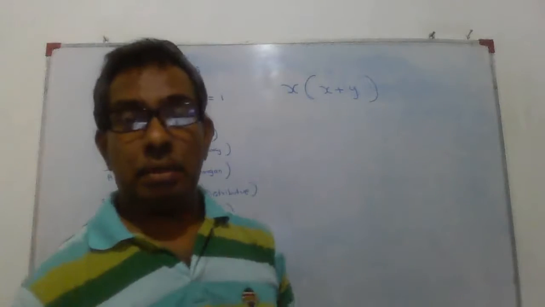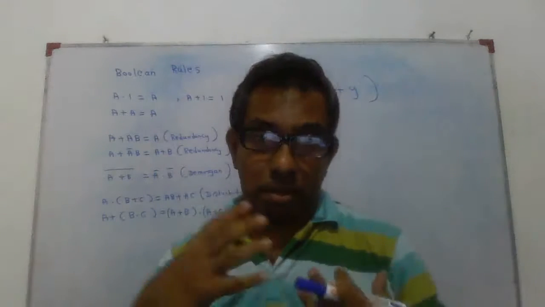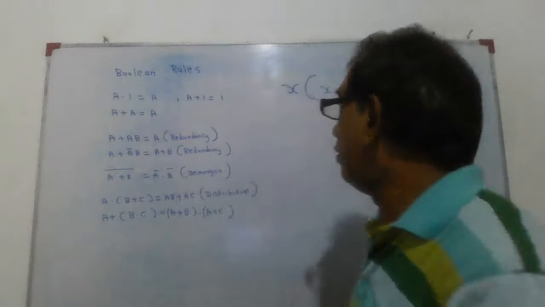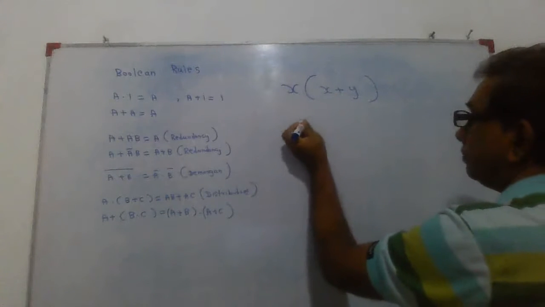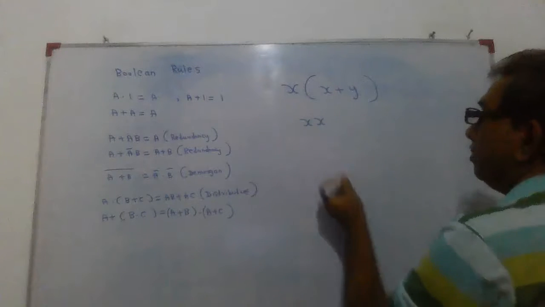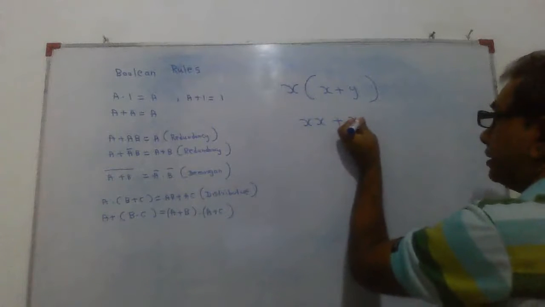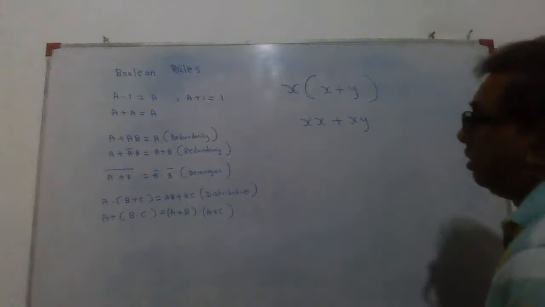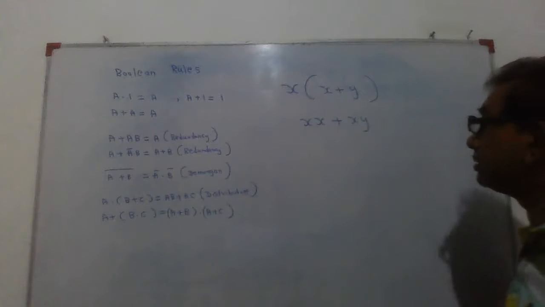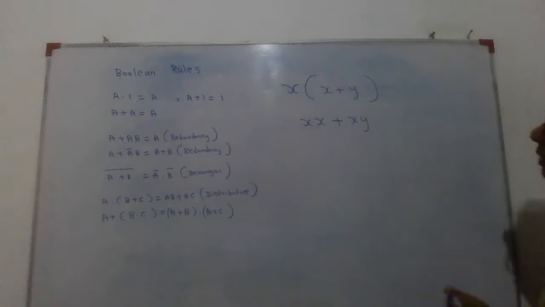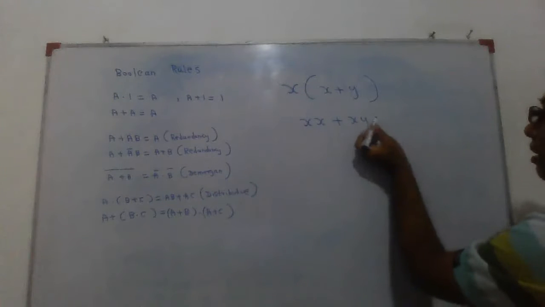Right. Later on, we will do some examples here, but up to now, we say x into x, x and x here, or x into y, take x and y here. After getting x and x, the rule is what we did: we multiplied, this is the distributive law.